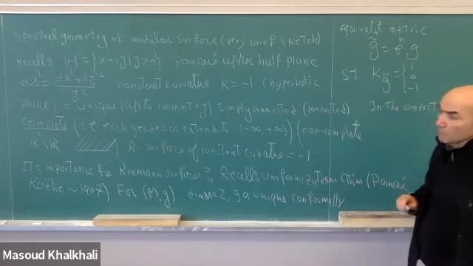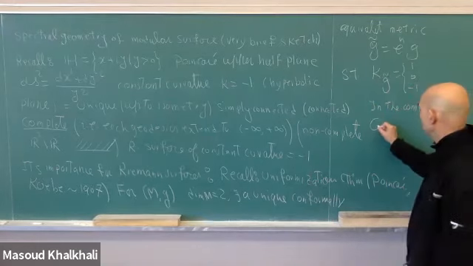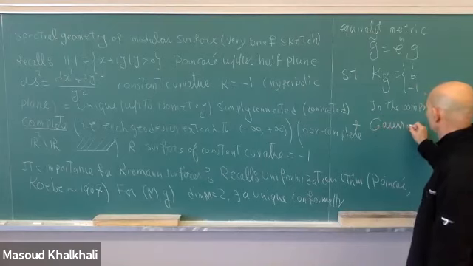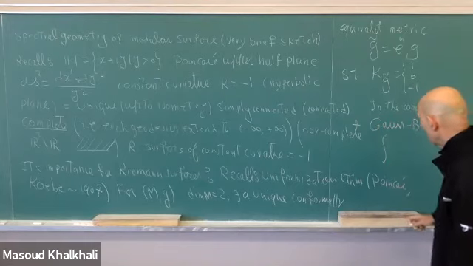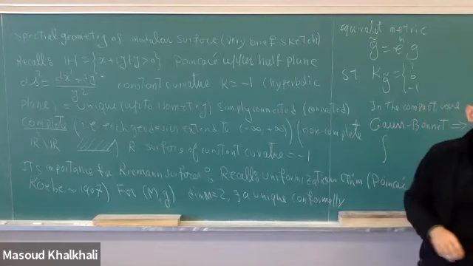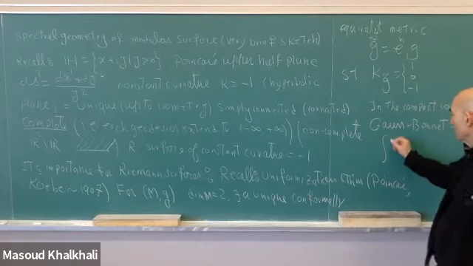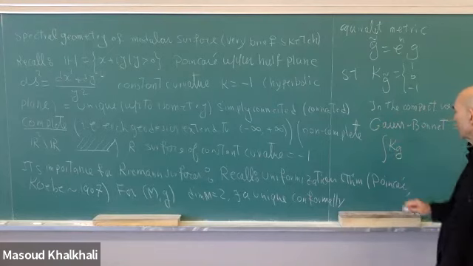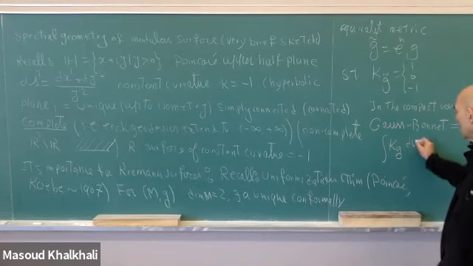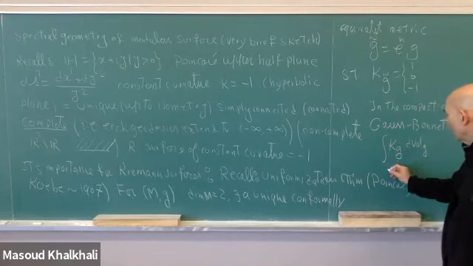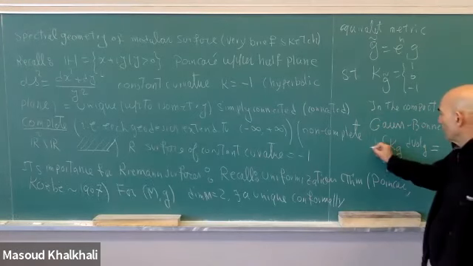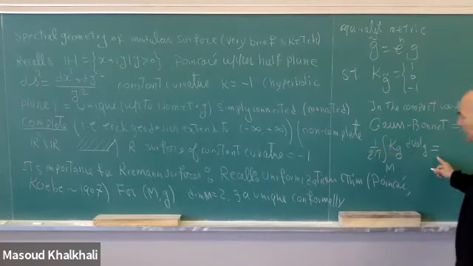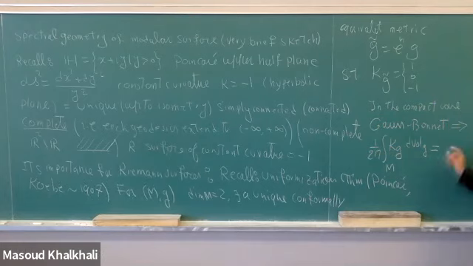There is the Gauss-Bonnet theorem. It says that if you integrate the curvature of any metric, with respect to the volume form over this manifold M, and divide by 2 pi, you always get the Euler characteristic of the surface.